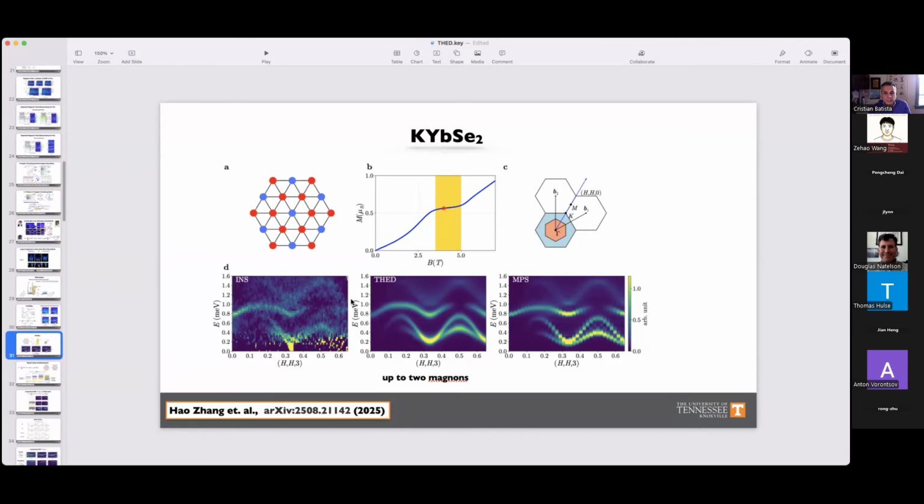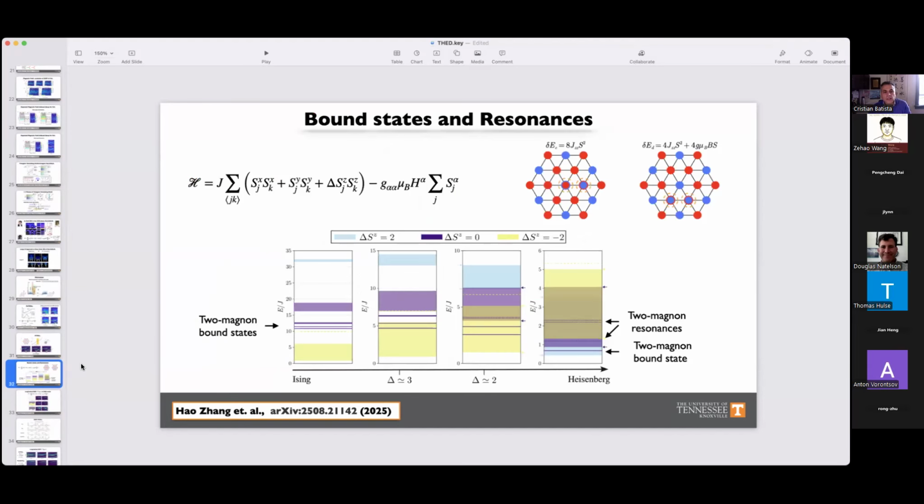One way of understanding the origin of this 2-magnon resonance that appears inside the 2-magnon continuum is to go to the Ising limit. In general, we have a Hamiltonian like this one. We have this uniaxial anisotropy, so we can assume that delta is very large. So we are close to the Ising limit.